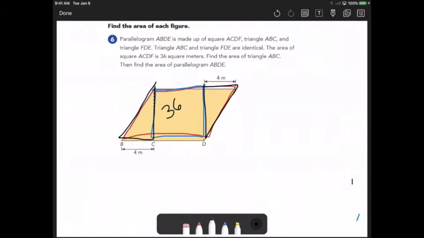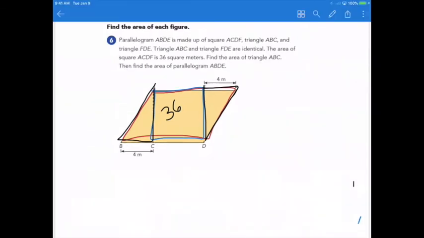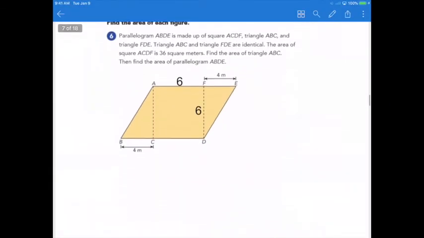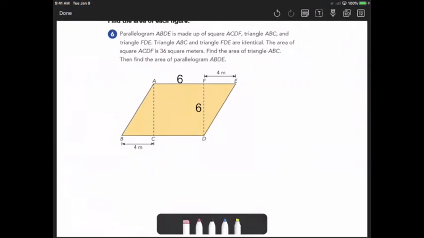Okay, so for this one, what we're going to do is this. Let me just get my marker. I know that this is 36 meters squared. So that means the square is that. If the square is 36 meters squared, I know that it's side times side.